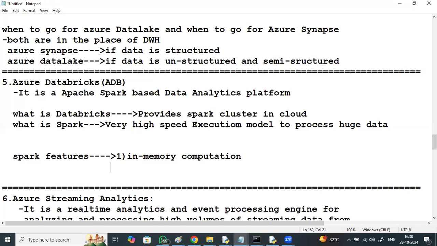Second, it supports MPP, massive parallel processing. In-memory computation supports MPP.